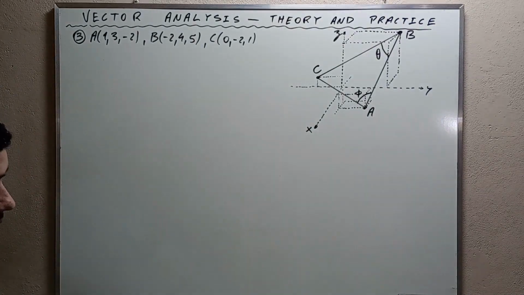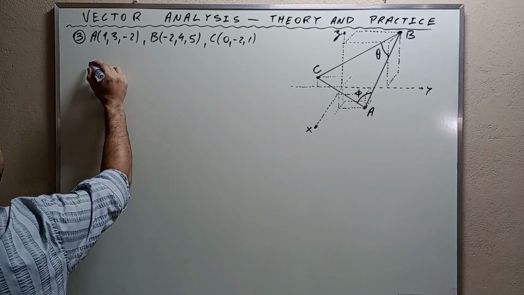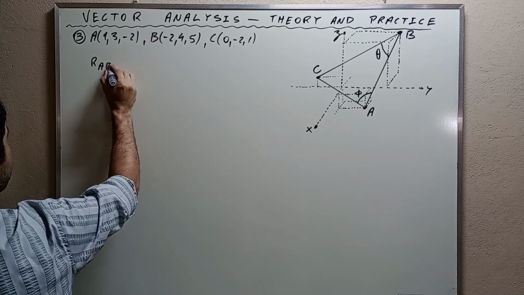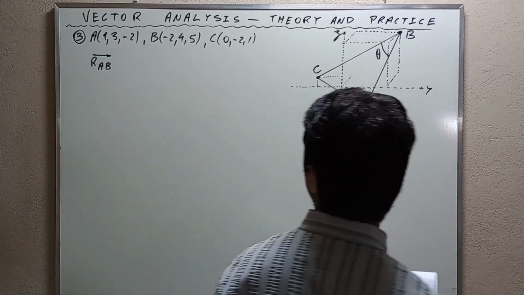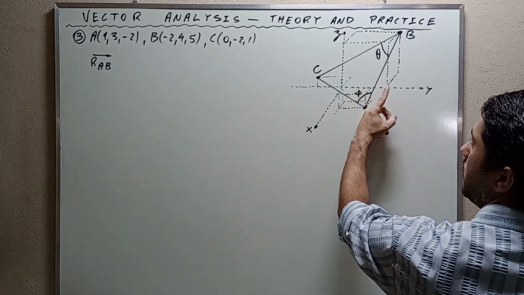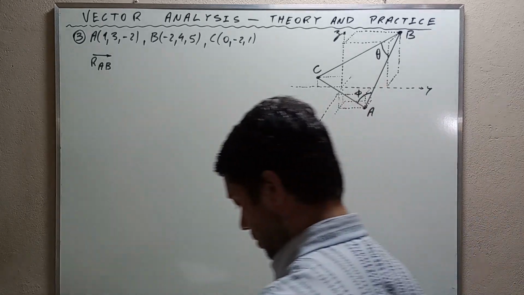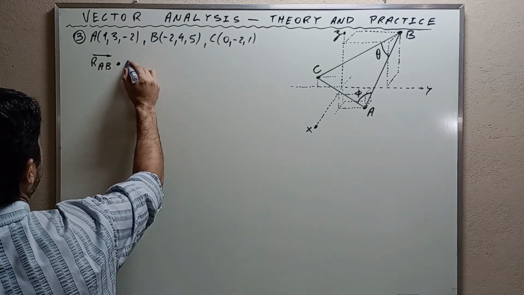To find phi, we will use the definition of the dot product, RAB. RAB is the vector, okay, pointing in this direction here, okay, from A to B. And a dot product with RAC.